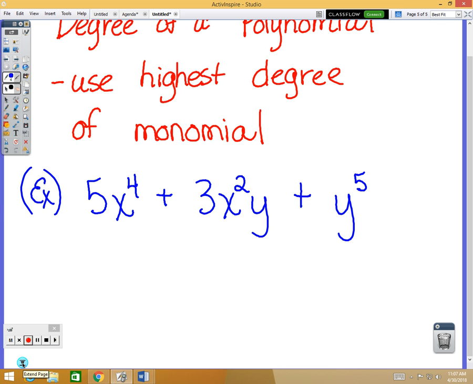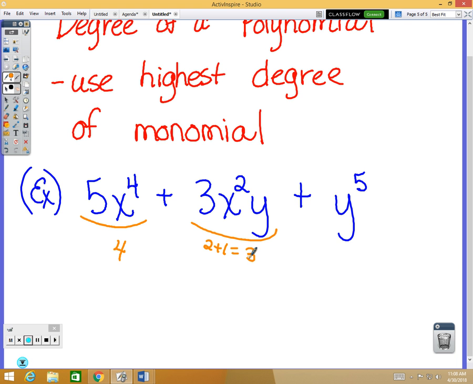Whichever monomial has the highest degree is going to be the degree of the entire polynomial. So again, this polynomial has 3 terms, so it is a trinomial. What is the degree of this first term? 4. What is the degree of this term? 3. This 2 plus the invisible 1.